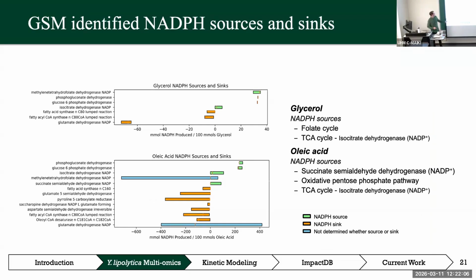But there are a lot of questions about the folate cycle, so we still don't know whether that's a source or a sink. Same with this glutamate dehydrogenase reaction. So I guess whether amino acid production or consumption is driving the NADPH production.